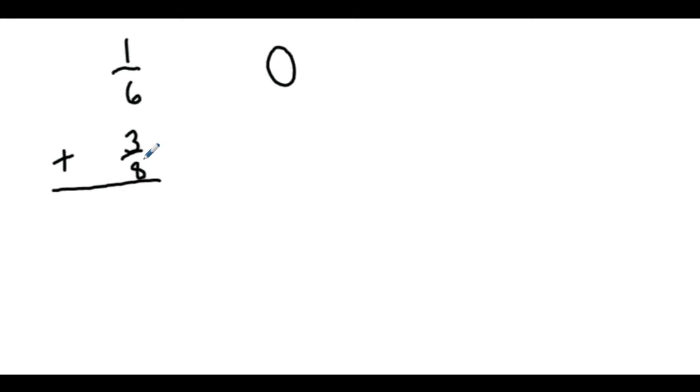Then when I look at the next one, 3/8, first I'm going to put my addition sign here. And now I look at 3/8, and I think about the numerator 3 and the denominator 8. 3 is kind of in between 0 and 8. So since it's about halfway, I'm going to think about it as 1/2.